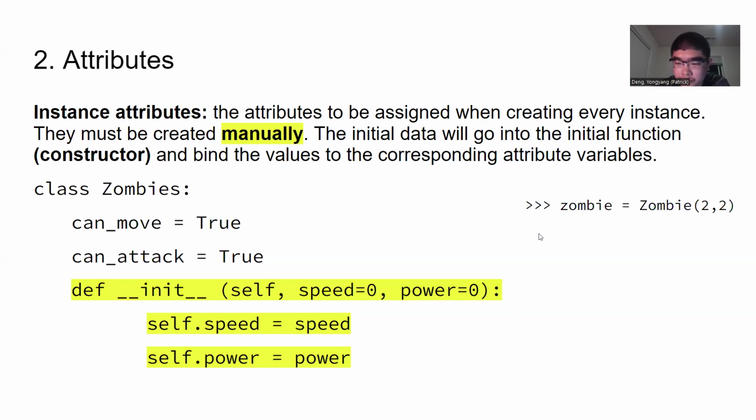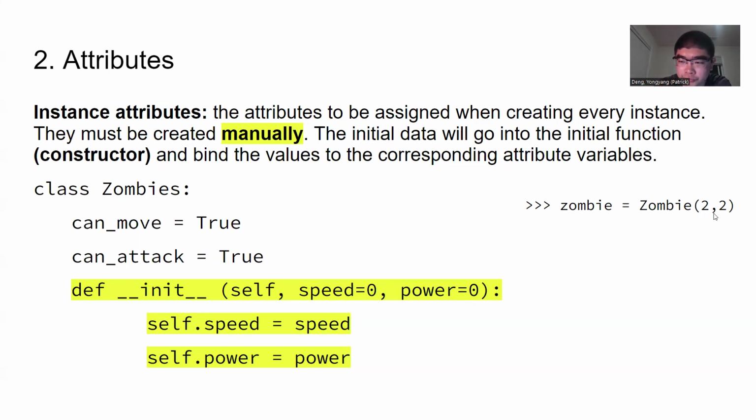So let's say in the terminal, I type an uncapitalized zombie, which is a single individual, and then Zombie is the name. Then I type parentheses, saying I want to create an individual which is a zombie, and I pass in their instance attributes.